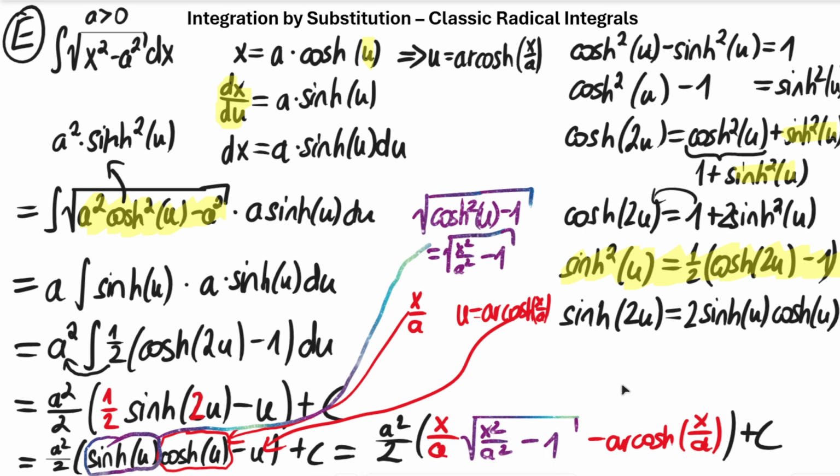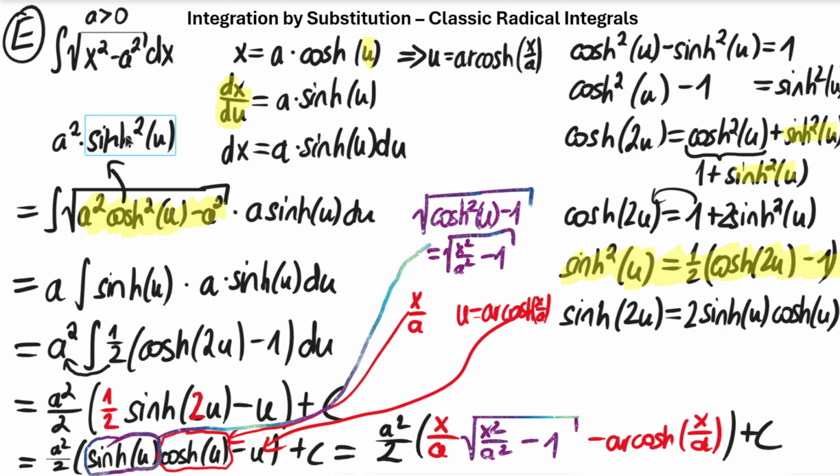As you can see here, this is quite a complicated substitution, yeah? The key idea was to substitute with the hyperbolic cosine here so that we get an expression like square root of cosine hyperbolic squared minus 1 without the a squared here, which simplifies to the square root of the hyperbolic sine squared, and you can take the root.